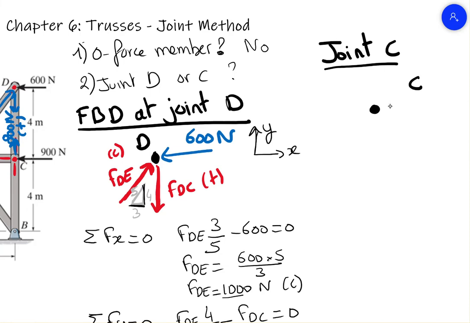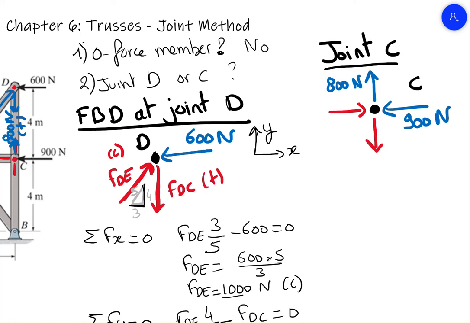We have the forces that we know: the 900 coming in, that's the external load, and the 800 going up because it's tension. And we have two forces that we don't know, this one going to the right and this one going down.